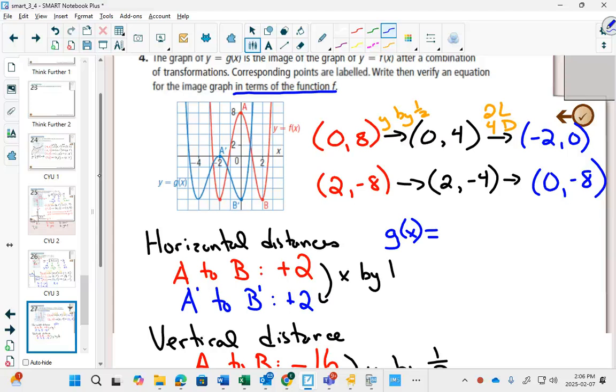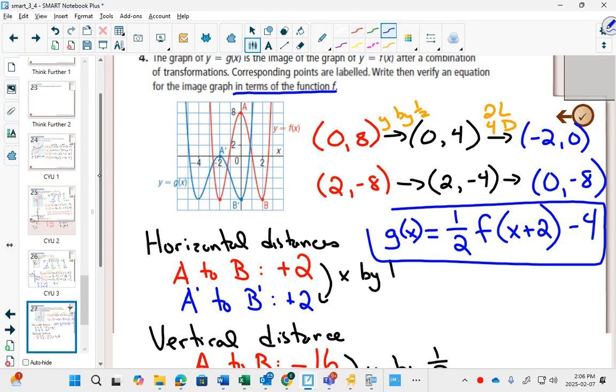Well, what are all of our transformations? We have a vertical compression by a half. That would show up outside the function. 2 to the left would show up inside the function. 4 down, outside the function. So here's the equation in terms of f.